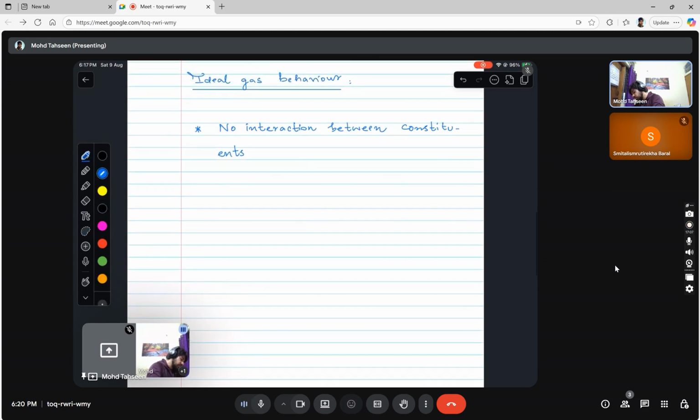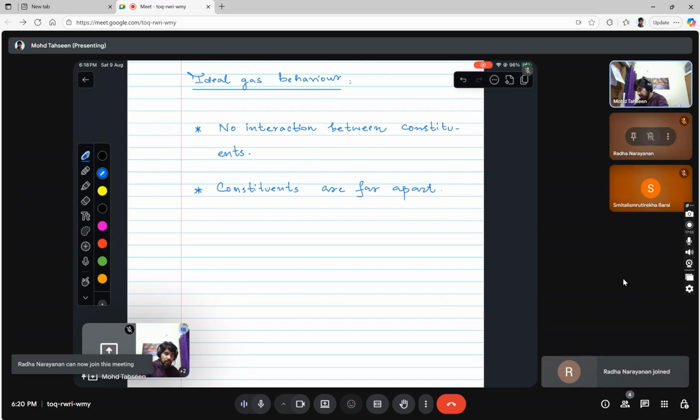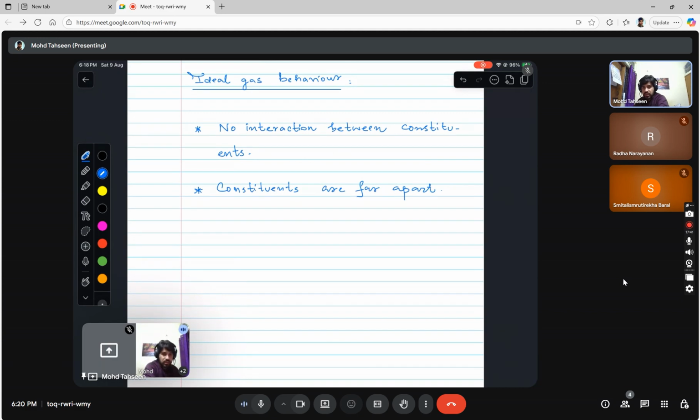And the second thing we assume is that particles or constituents are far apart, right? They are separated by distances which do not affect the motion of one, like the motion of one particle does not affect the motion of another particle. They sort of move independently.